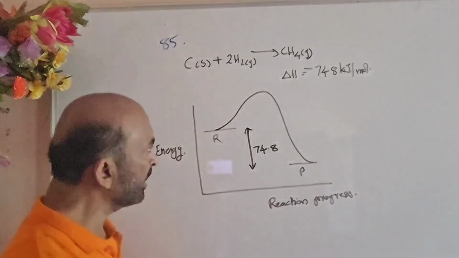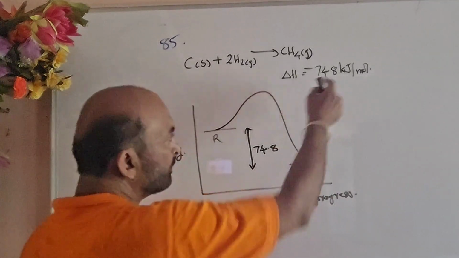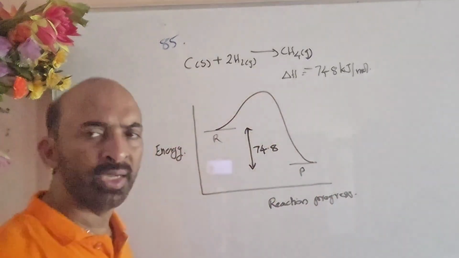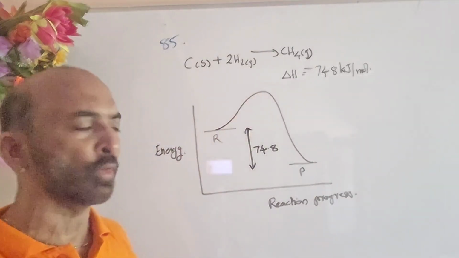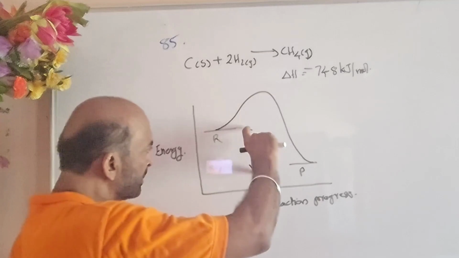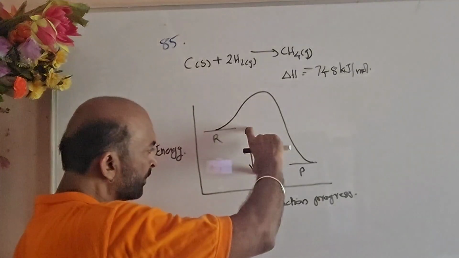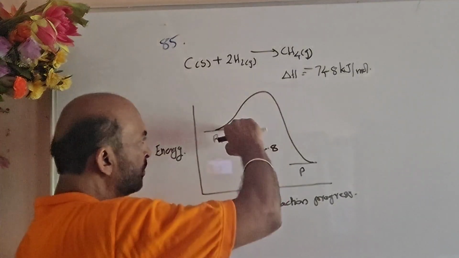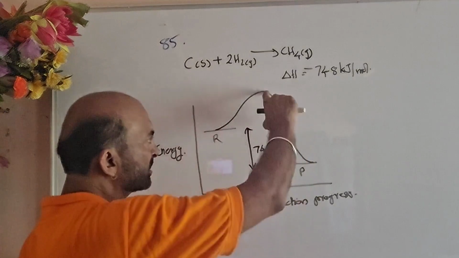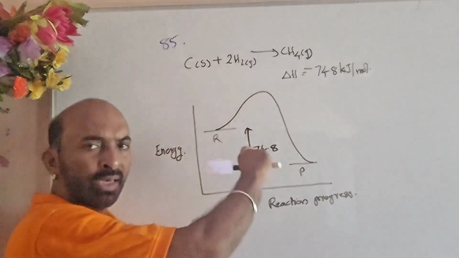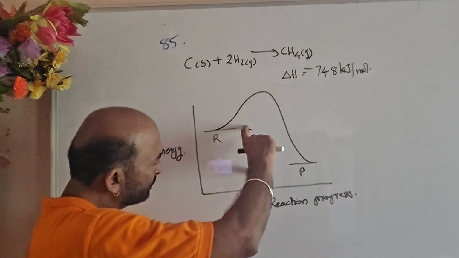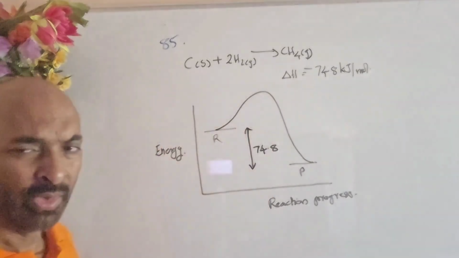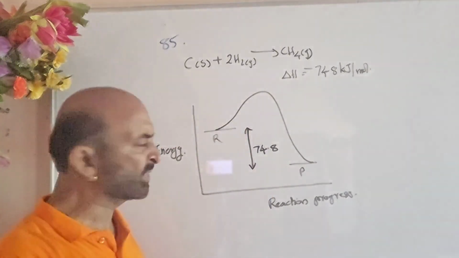Agreed. Now, again, this minus 74.8 is the energy difference between the reactant and the product. So, it is the energy difference between these two states, not between this and this, nor between this and this. So, only that diagram in which this energy difference is shown between these 2 points should be selected. If you verify, I haven't drawn other options.